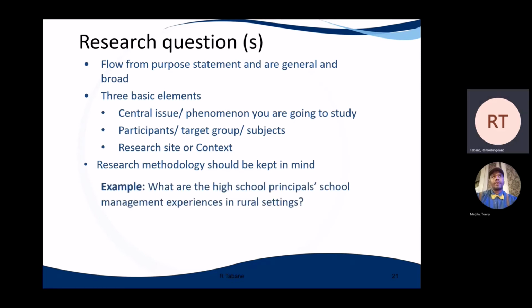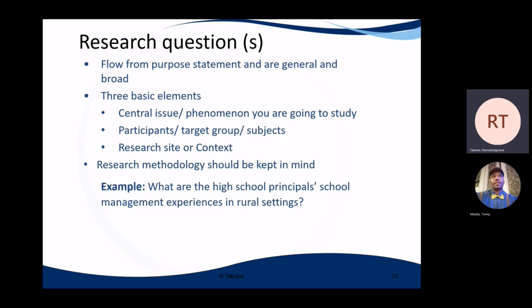So for the example that we're having for our slides, what are high school principals' school management experiences in rural setting? If you remove "what are" and make it capital T, the high school principals' school management experiences in rural setting, there's your title. Can you see your title?